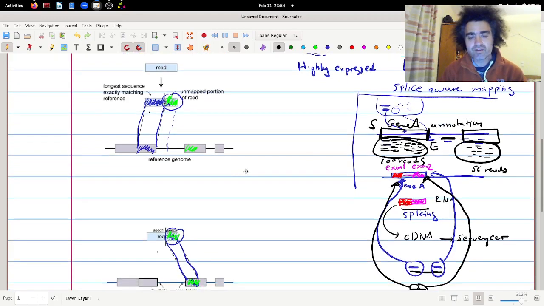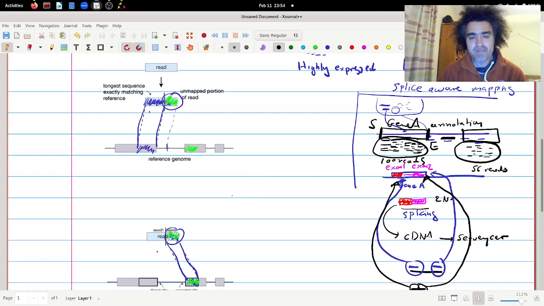So after this step we will get a table that in column 1 will have the name of the genes, for example gene A, gene B, and so on, and in column 2 we'll have the expression level, the number of reads that match to the gene, if there are. If there is nothing, for example gene D here has nothing, it will be a 0.